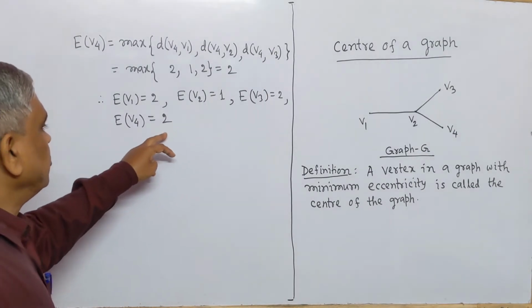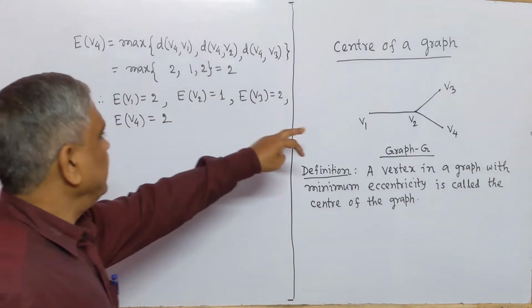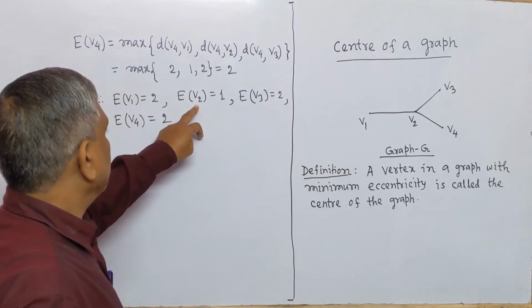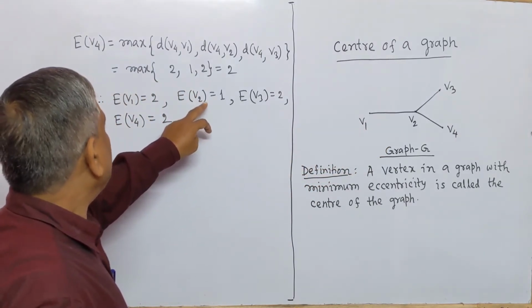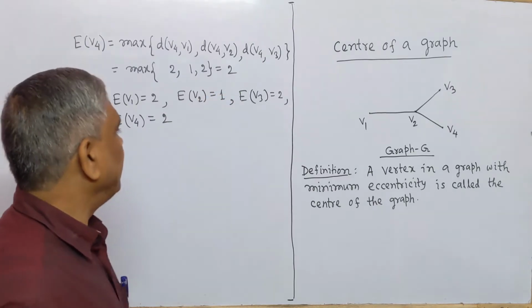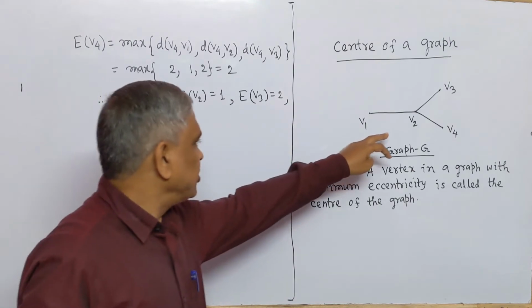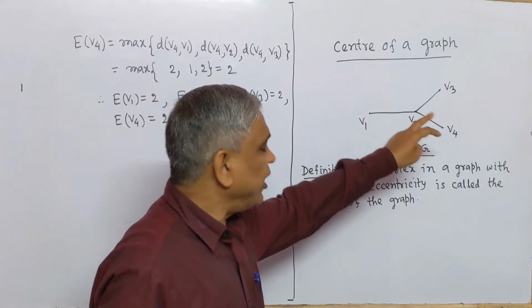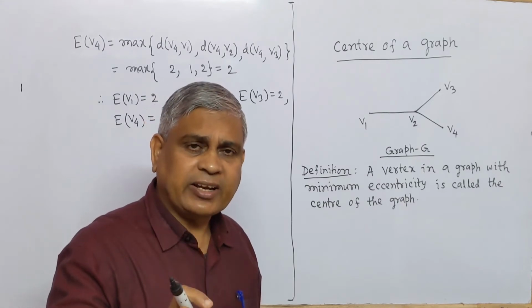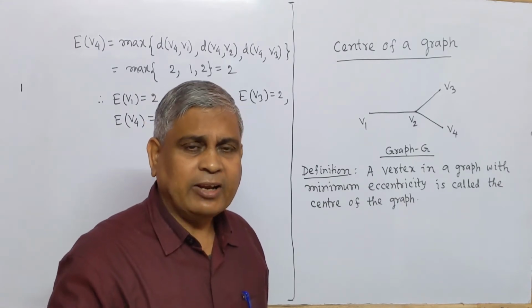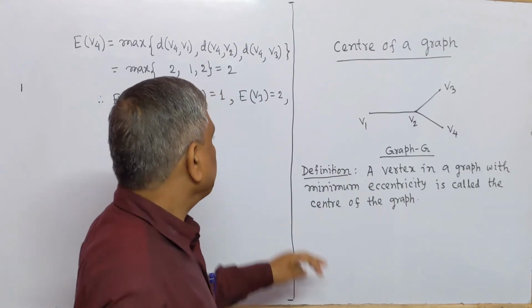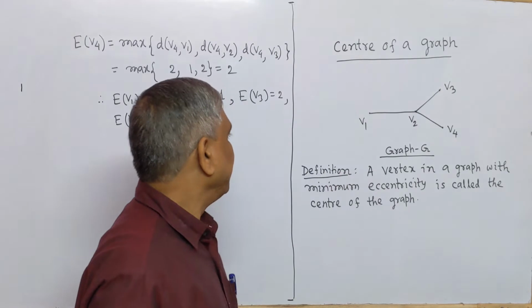Here we see that in this graph V2 is the center of the graph as eccentricity of V2 is minimum, 1. Here we see that this graph is also a tree because there is no circuit in this graph, and also this graph is a connected graph. So this is a tree.